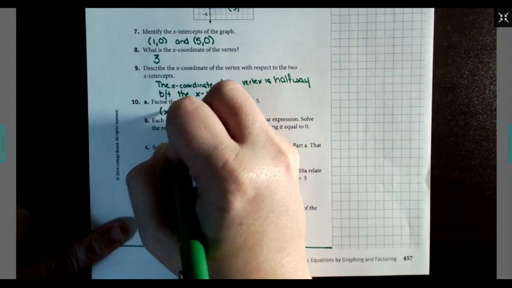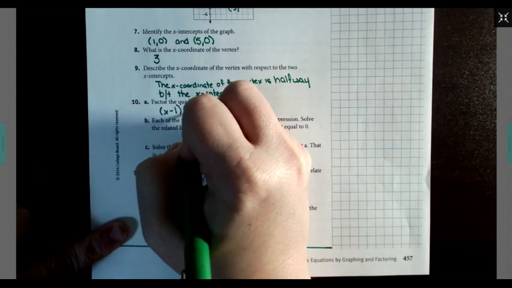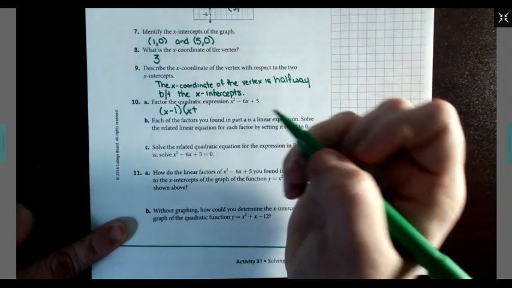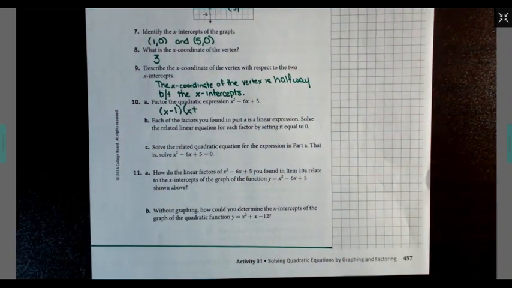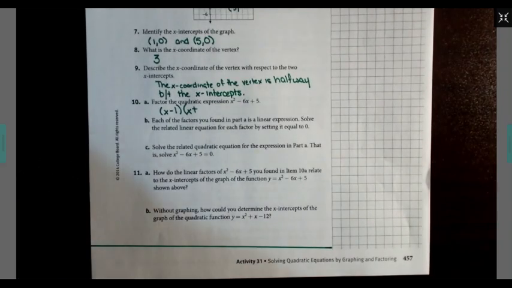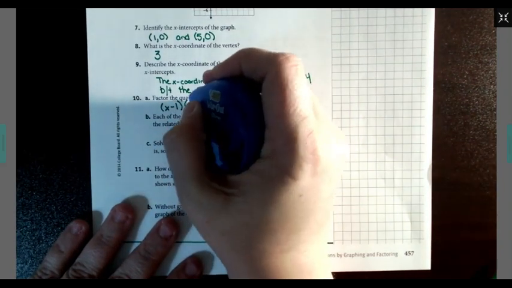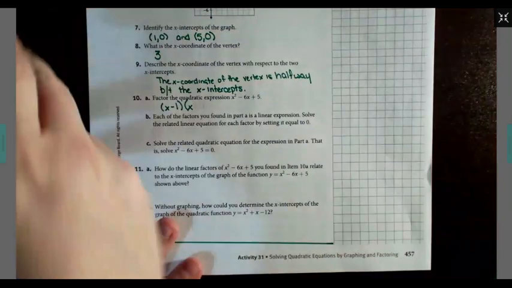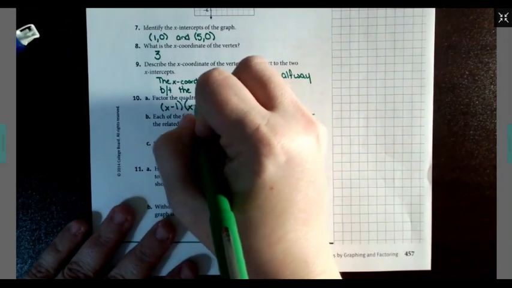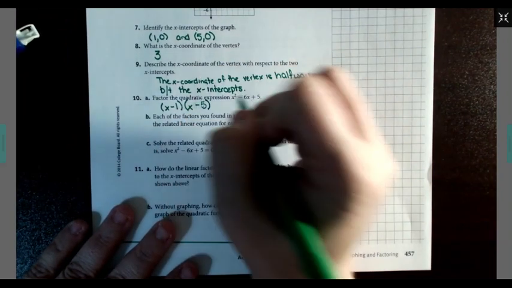So this is going to make this x minus 1 times x minus 5. Got a little bit ahead of myself there.